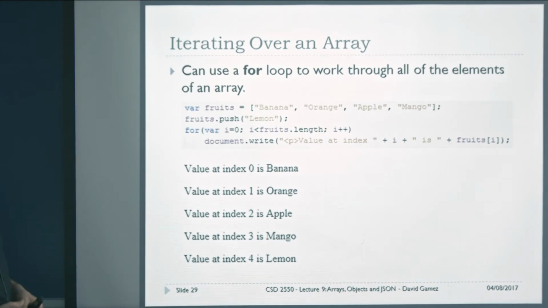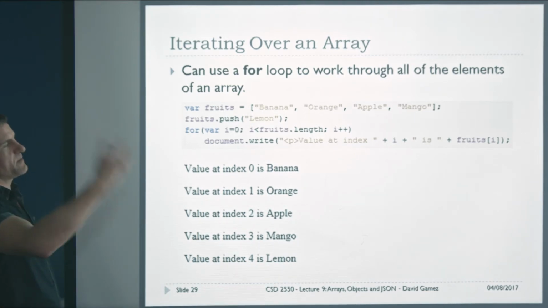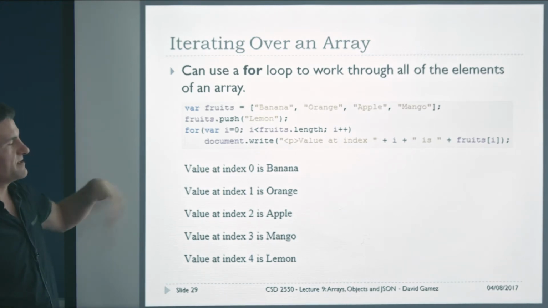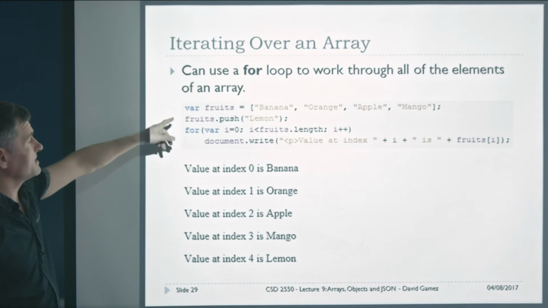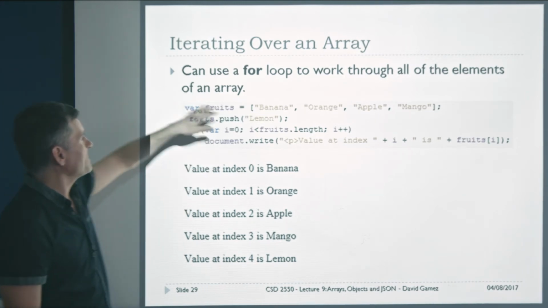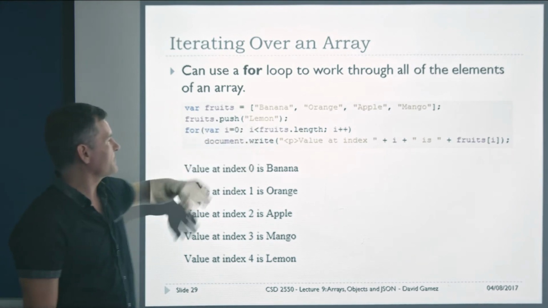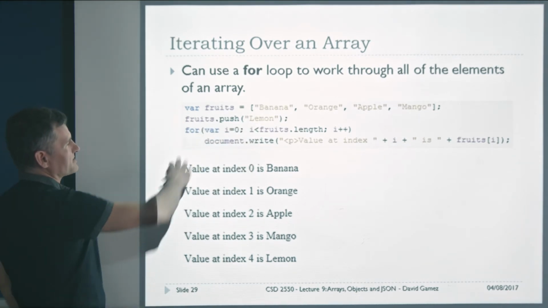Now, I've already covered this a little bit, but just to make sure it's fully covered. Often when you've got an array, you're going to want to work through all of the elements in the array. So let's just cover it here. Here we've got my fruits array. I'm adding lemon to the fruits. And to work through the array, we just use a simple for loop.